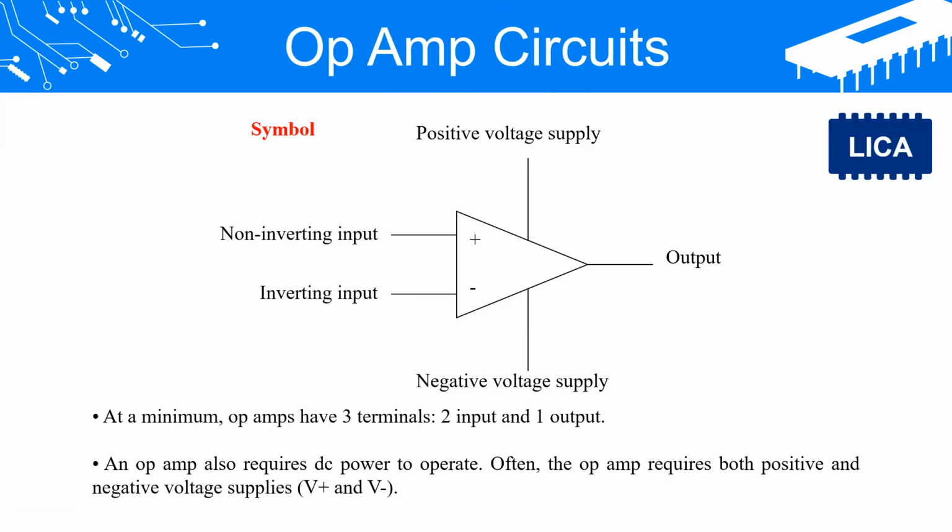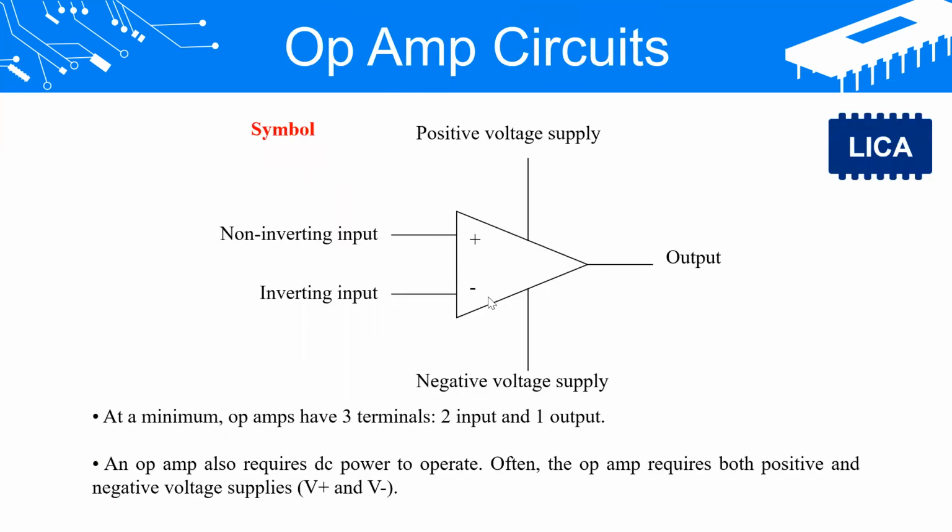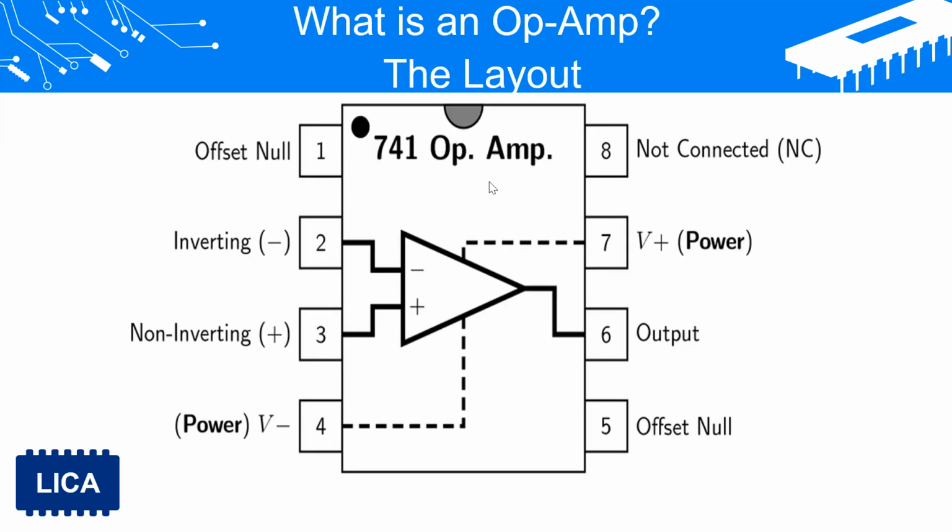The 741 op-amp is a monolithic integrated circuit comprising a general purpose operational amplifier. The number 741 indicates that this operational amplifier IC has 7 functional pins, 4 pins capable of taking input and one output pin. So here we are having 7 functional pins.